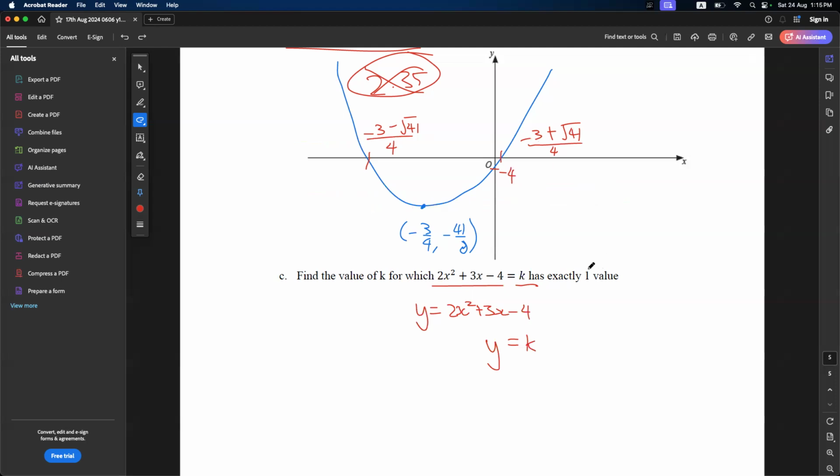Then where should my y value be? y equals how much has only one value? Negative 4. When y equals negative 4, I draw the line here. Isn't there one and two values like this? It's wrong.